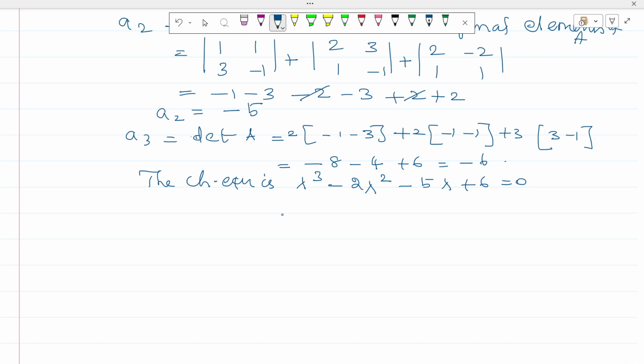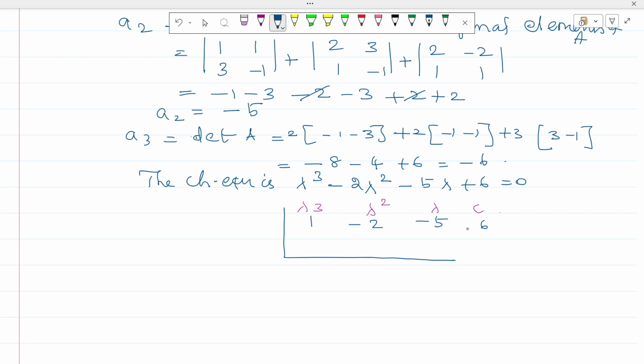For the synthetic division method, first we write the coefficient of λ³, coefficient of λ², coefficient of λ, and then the constant value. So the coefficient of λ³ is 1, then -2, -5, +6.